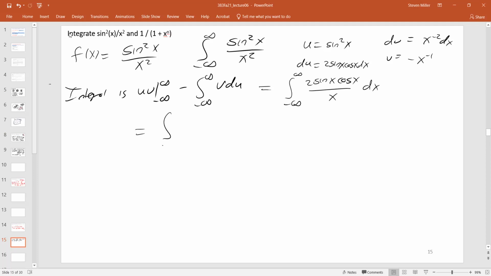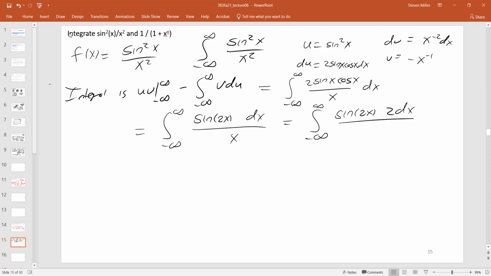But that's the same as the integral from minus infinity to infinity of sine of 2x dx over x, which is the same as sine of 2x, 2 dx over 2x. Right? And so if we change variables, this is the same as the integral from minus infinity to infinity of sine of x over x dx.